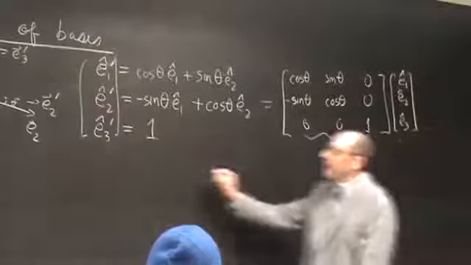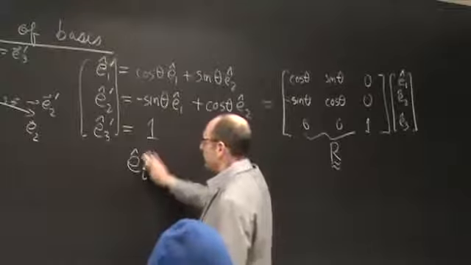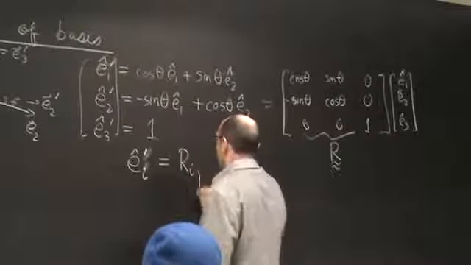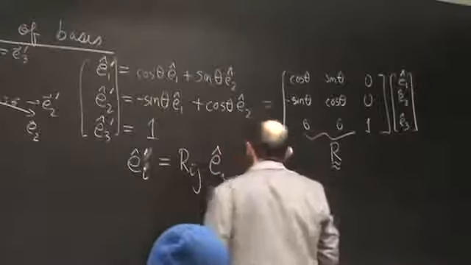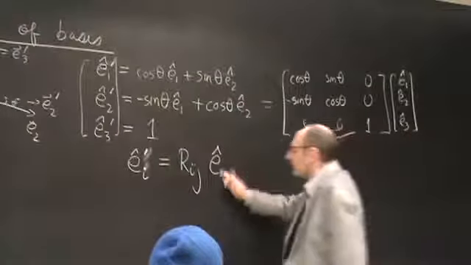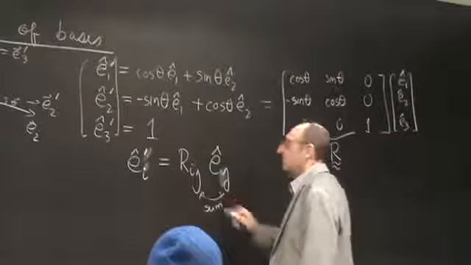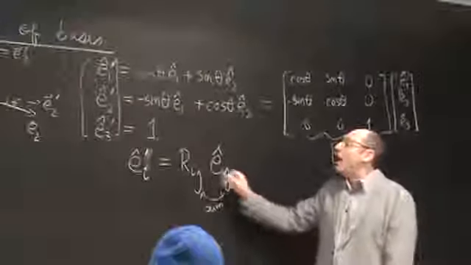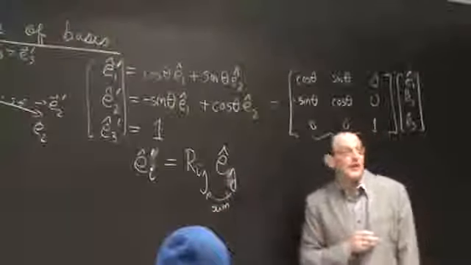So the set of new basis vectors, the ith basis vector in the new coordinate system, is related to the basis vector in the old coordinate system through this matrix equation, sum over J. So this is matrix multiplication in the Einstein summation convention, where I'm summing the row with the column, right?